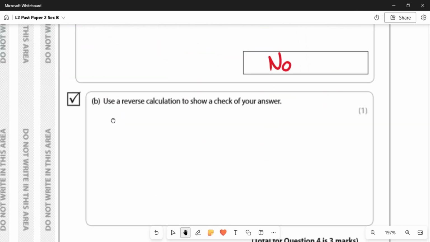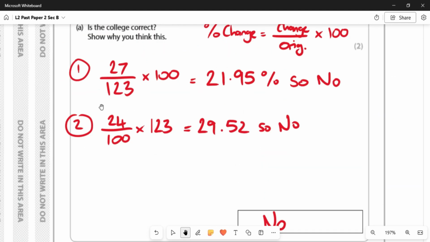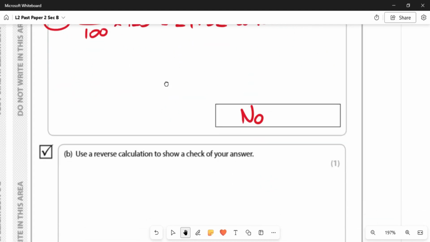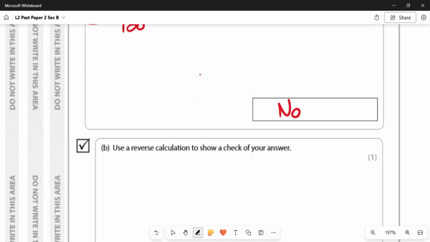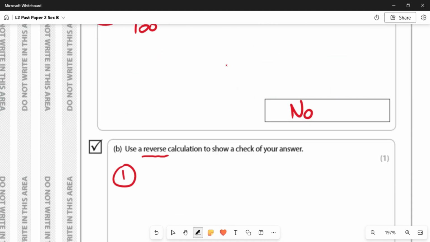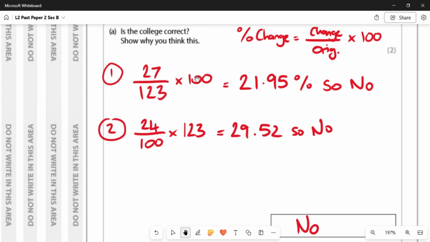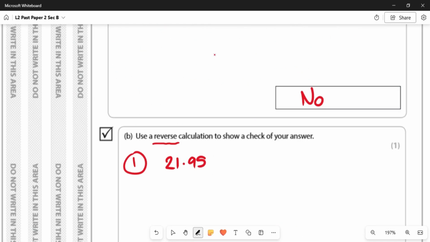Part B, use a reverse calculation to show a check of your answer. So for example, it totally depends which method you did use. If I used method 1, because it's a reverse calculation, I'm going to have to work backwards. So let's say I did use method 1. I'm going to have to start with my answer, 21.95. And the opposite of times by 100 is divide by 100.